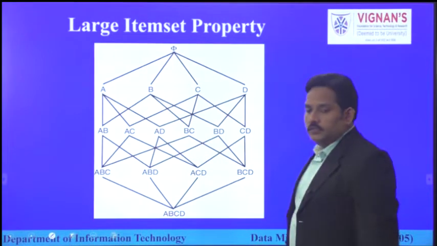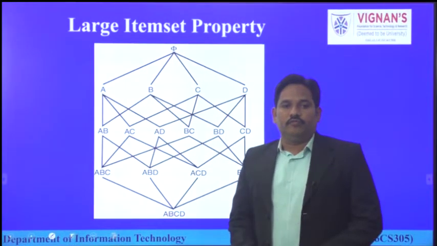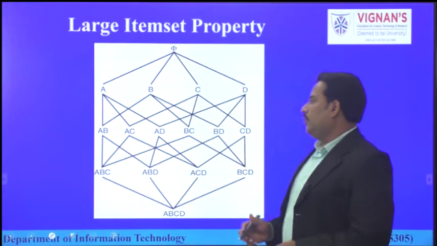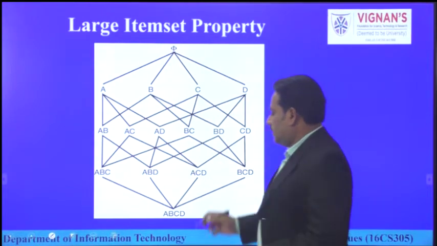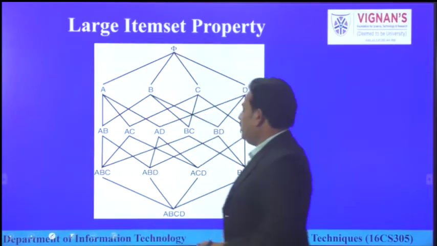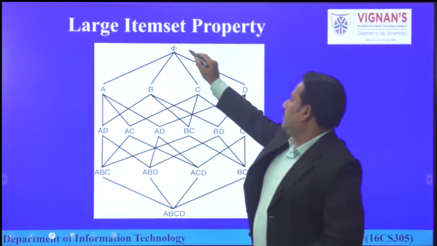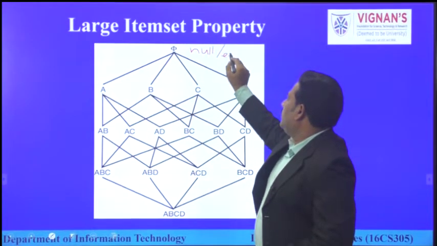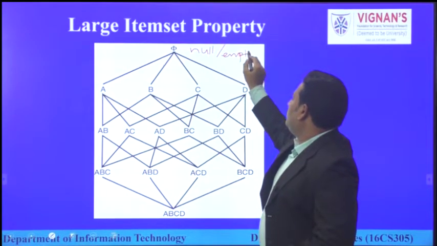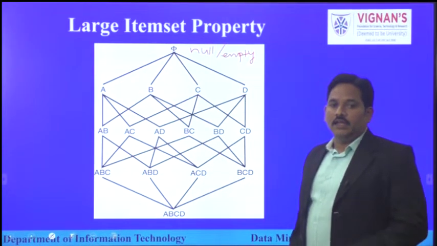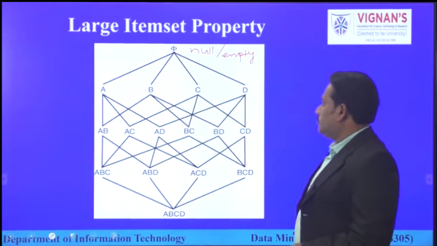Now look here. In this construction of item sets using the Apriori algorithm, we take the help of a lattice structure. Here we start by considering the null value, or you can say the empty set. Initially only the zeroth element, the null element, is taken into consideration.